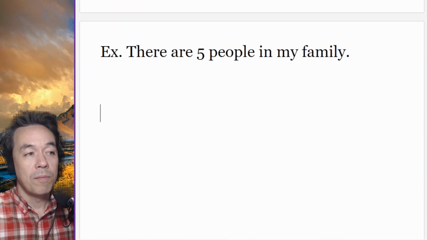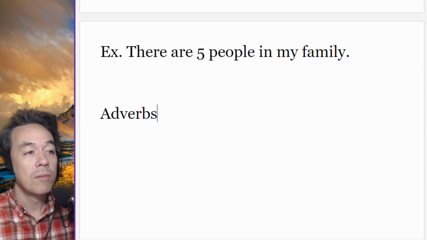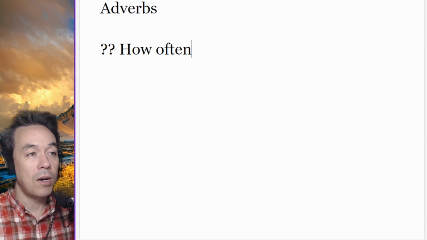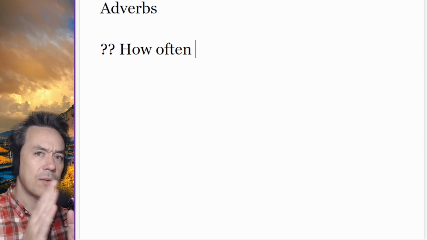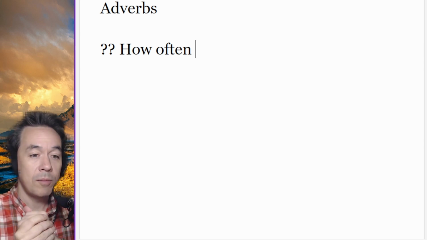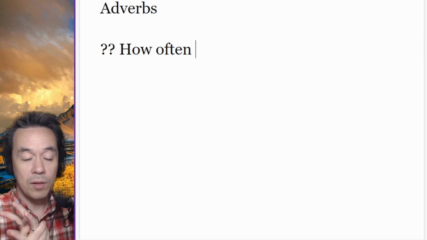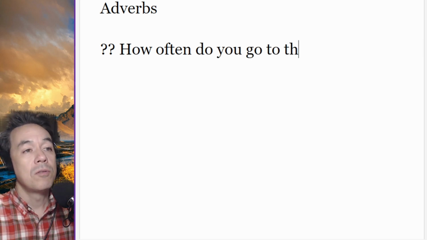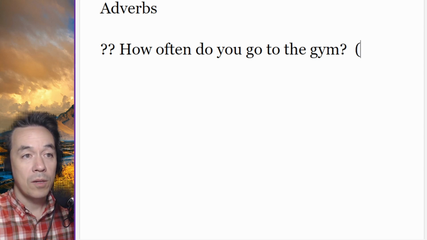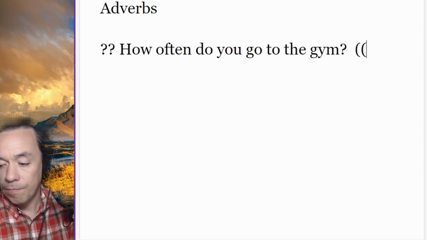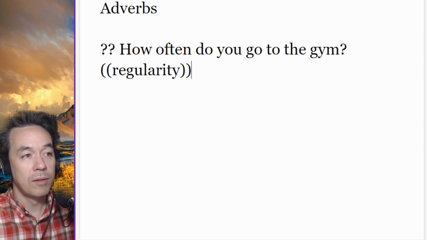Let's do some adverbs. The most common one is how often. That's about the timing of something: every day, sometimes, rarely, whatever. How often do you go to the gym? This is the level of regularity.